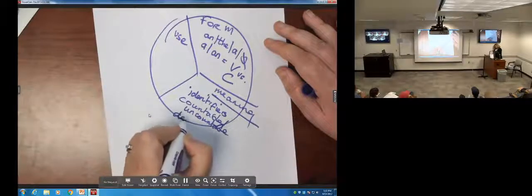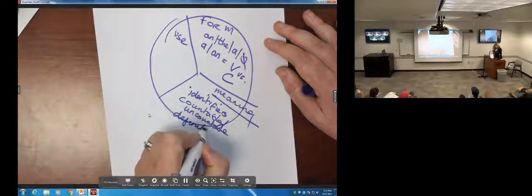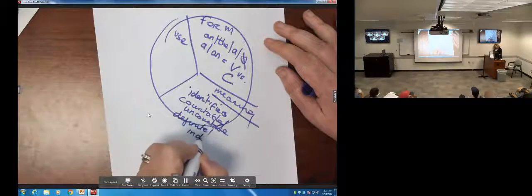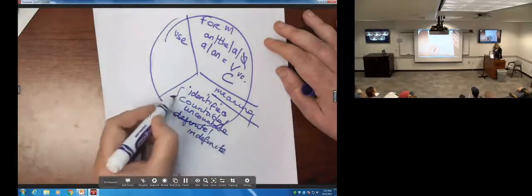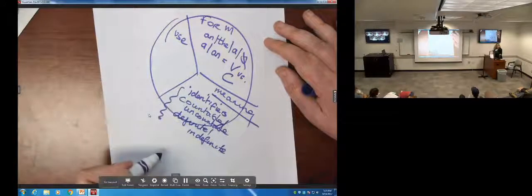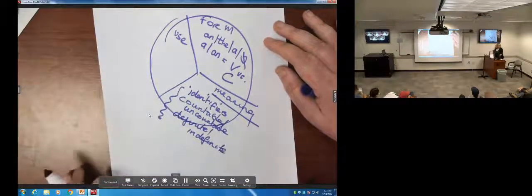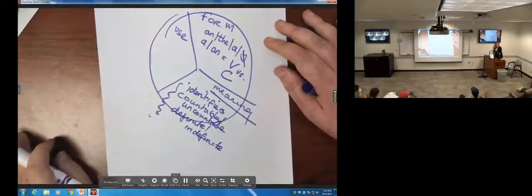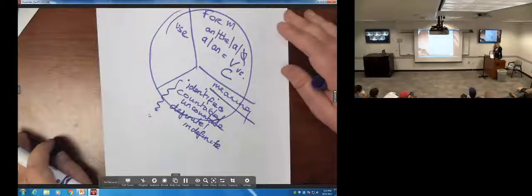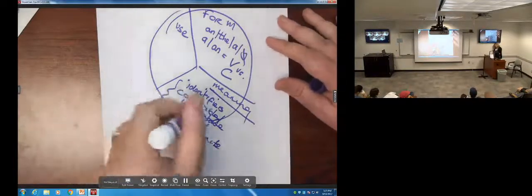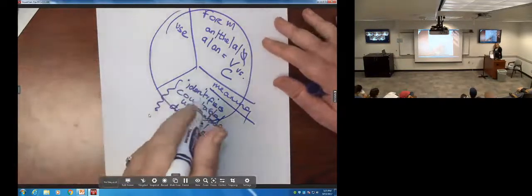Good. Definite versus indefinite, right? So what does definite mean? What does indefinite mean? Does it always mean the same thing? Well, no, it depends on the context that it appears in, right? So we can see that it's starting to get a tad more complicated.